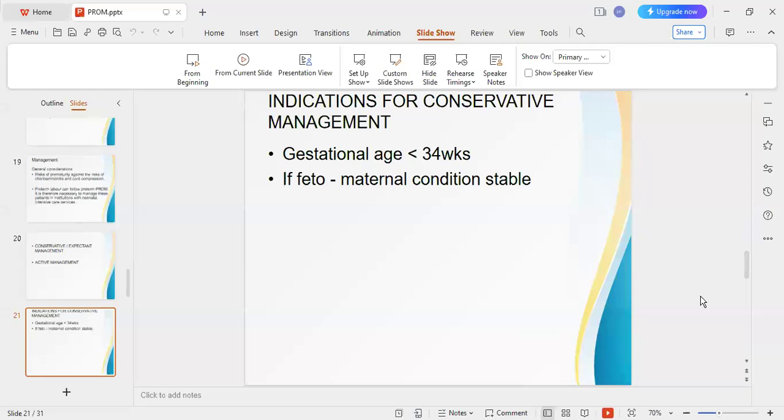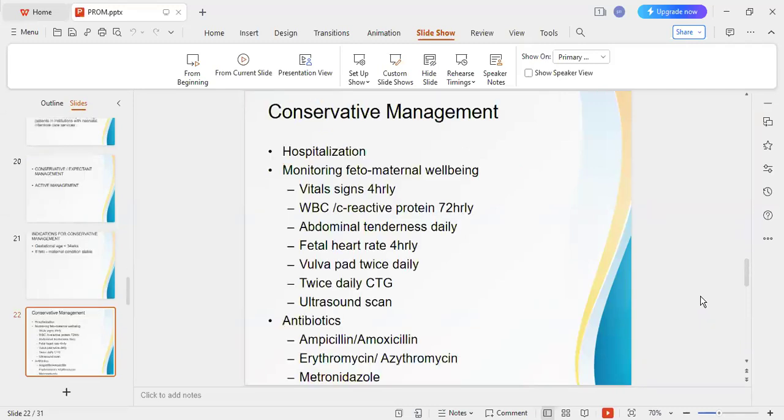These patients usually are preterm, so their gestational ages are less than 34 weeks. And before we think of managing these patients conservatively, we should also think about the fetal and maternal condition of both the mother and the baby. If they are stable, then these patients are eligible for conservative management.